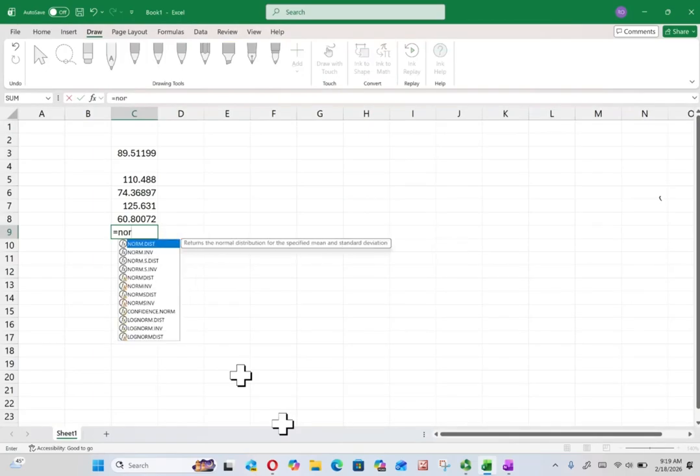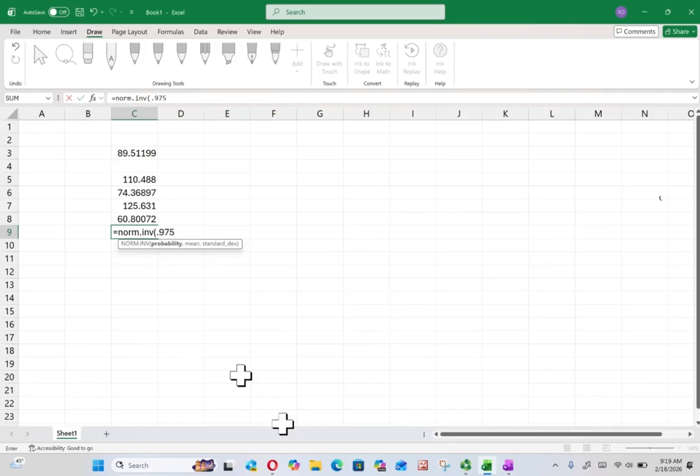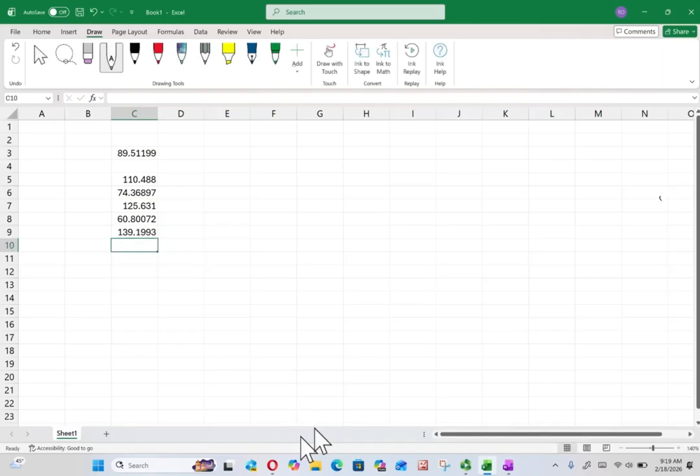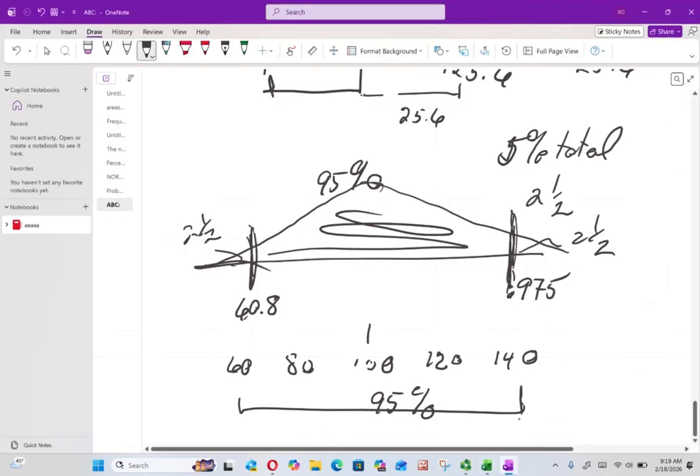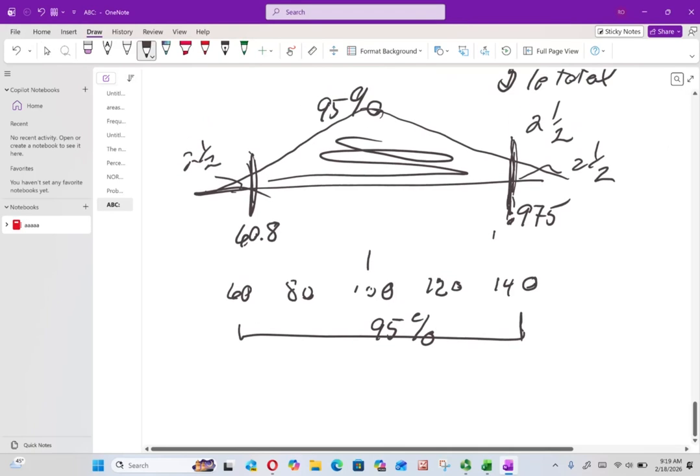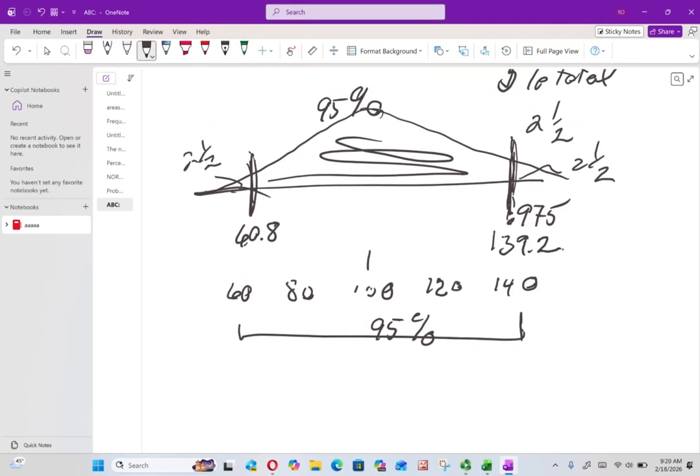Equals NORM.INV 0.975. And that's 139.2. Which is the upper end on the 95%, so it's about 140.